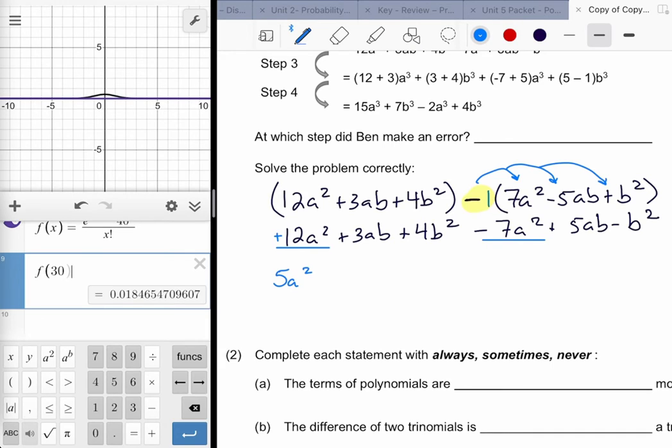Positive 3ab, positive 5ab would be positive 8ab. Again, same variables, same powers, that makes them like terms. So it's got the same ingredients. In front of that b squared, we have the 4b squared.